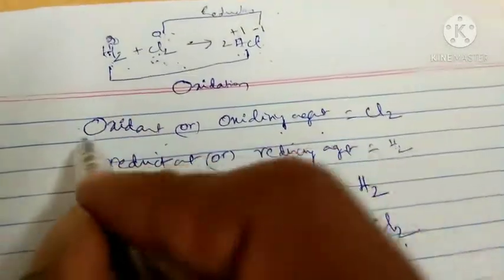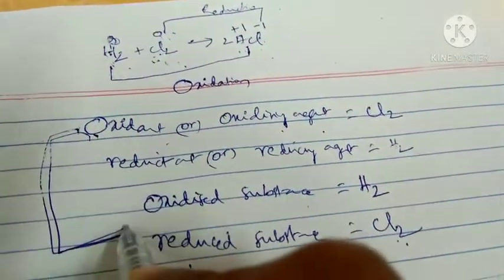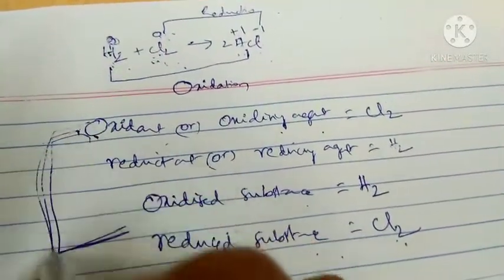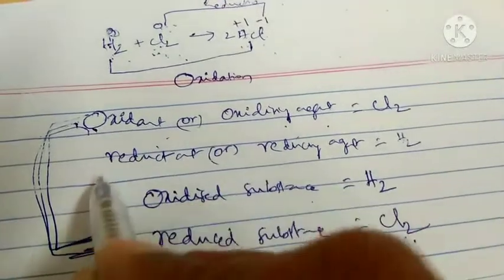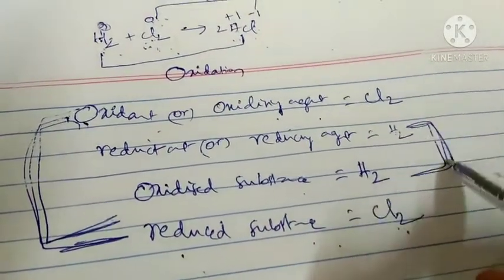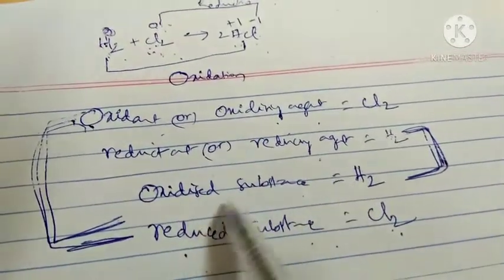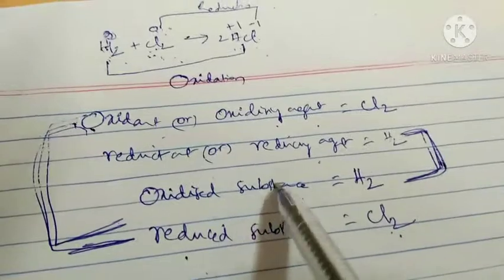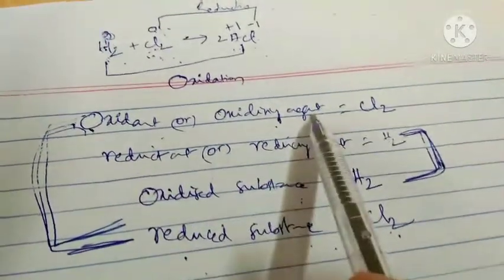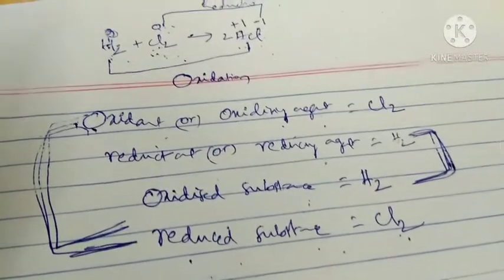We can say one more point: oxidant would be equal to reduced substance, and reductant would be equal to oxidized substance. So reductant or reducing agent or oxidized substance, all are the same. Oxidant or oxidizing agent or reduced substance, all are the same.